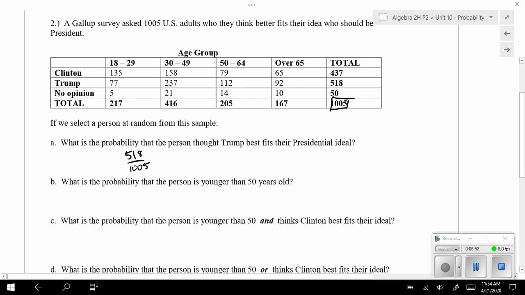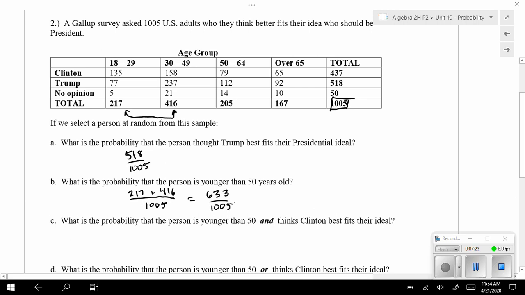What is the probability that the person is younger than 50 years old? So that's essentially going to be these two age groups added together. So that's going to be 217 plus 416 out of 1,005, which is 633 out of 1,005.